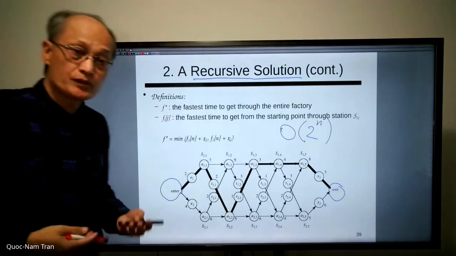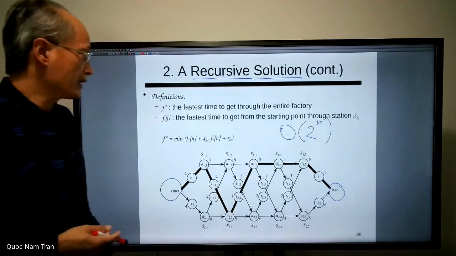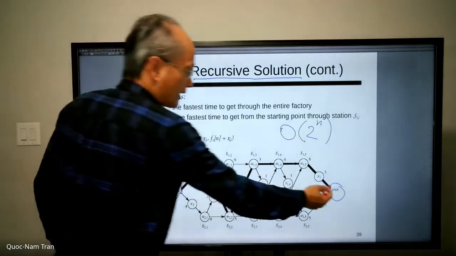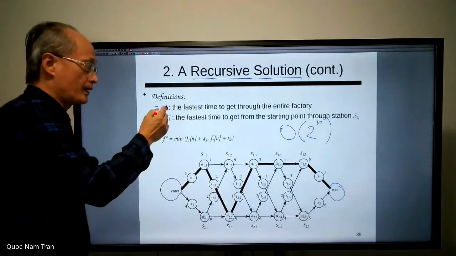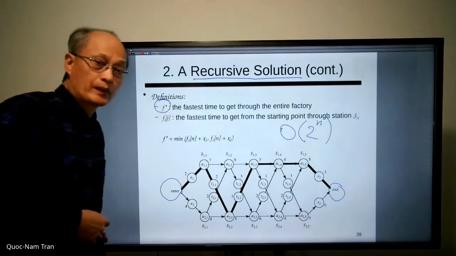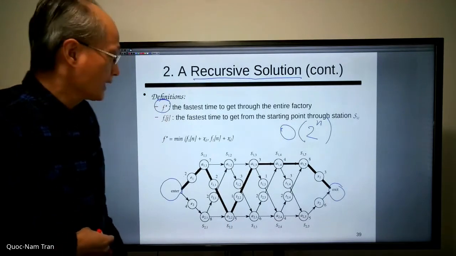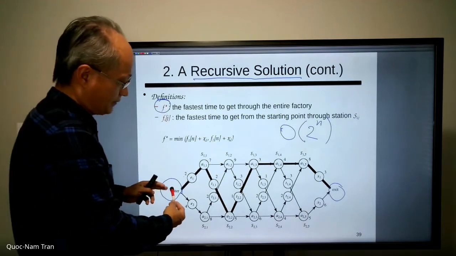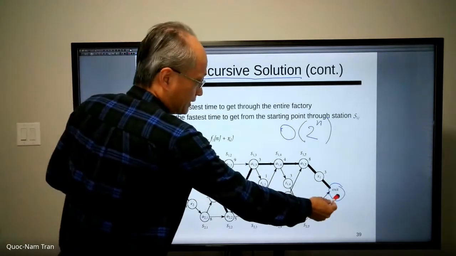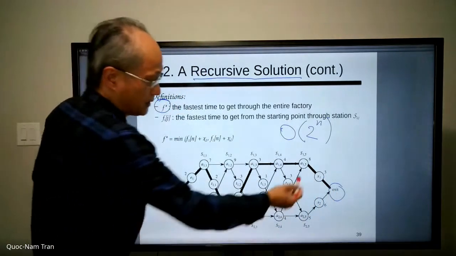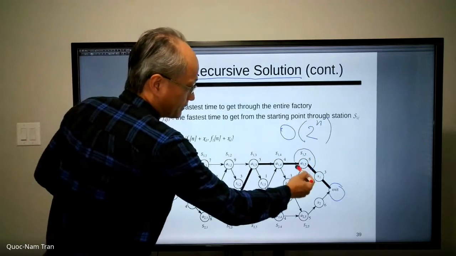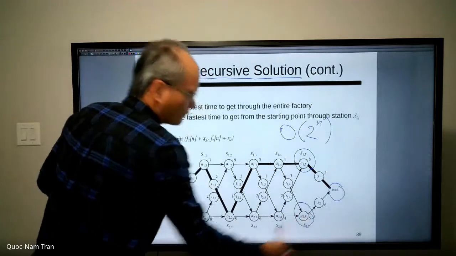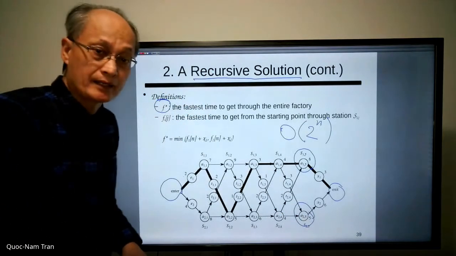The recursive solution based upon the observation that the fastest time to go from the entering point to the exiting point is what we call the F star, right? And then the F star is the fastest way from the entering to the exit. It depends on whether or not we can find the shortest path to one of the stations of the assembly line one and two, right?